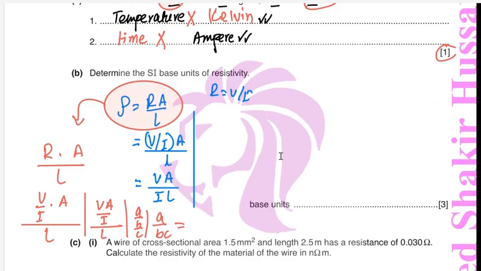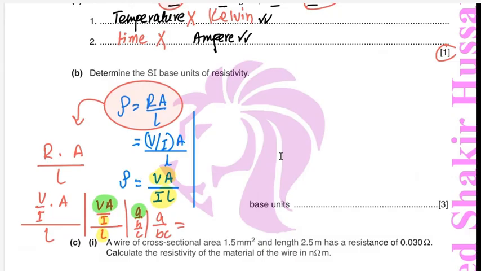So VA is A, I is B, L is C. So this becomes V A over IL, right? That's resistivity. Now the question is, what is the base unit for resistivity? Sorry, voltage first.